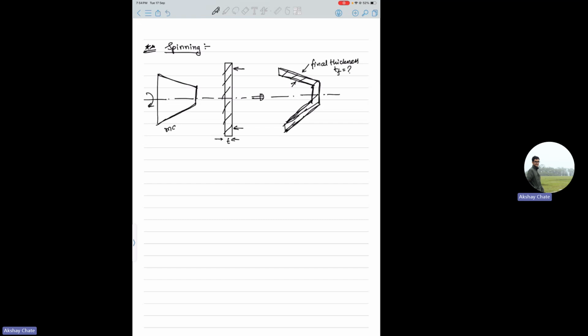This is called the mandrel. What they do typically here is, there will be some angle like the 2 alpha we had previously. So this is also 2 alpha. There will be some semicone angle, so alpha is your semicone angle. So you have something like this.